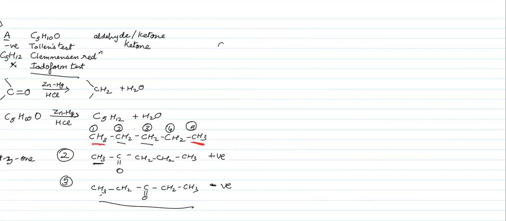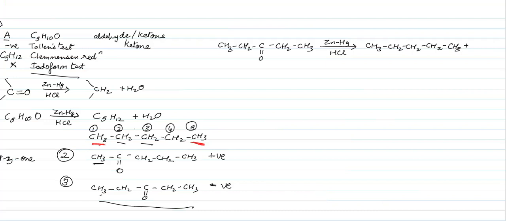So Clemmensen's reduction is CH3, CH2, CO, CH2, CH3. This is pentan-3-one, reacts with zinc amalgam and HCl to give us CH3, CH2, CH2, CH2, CH3 plus H2O, water.